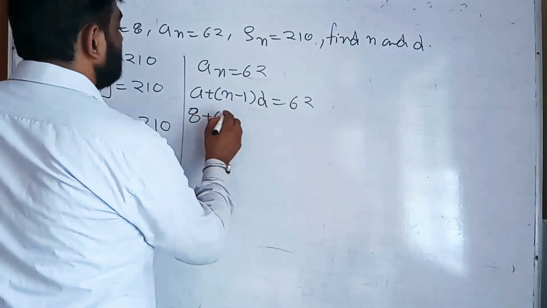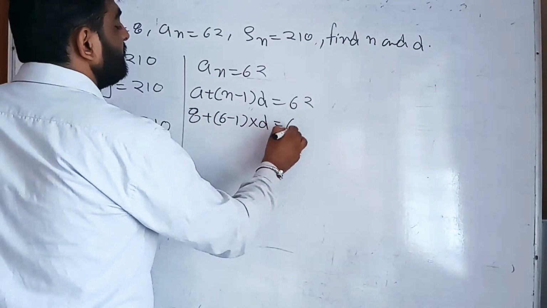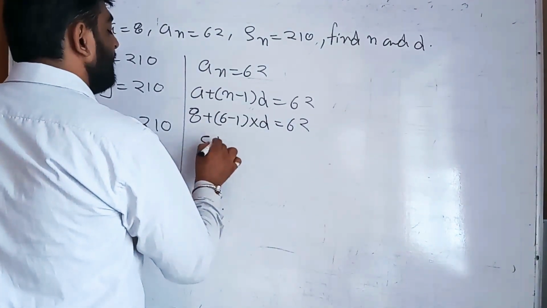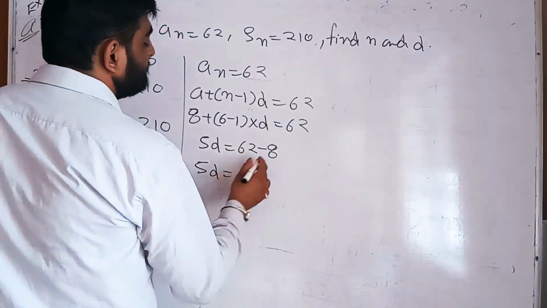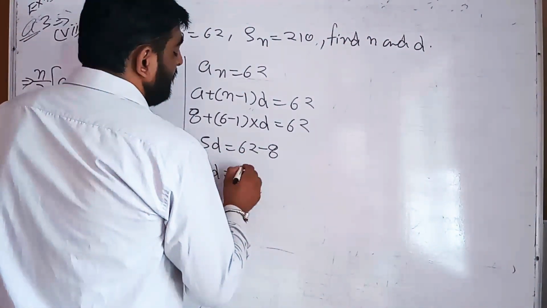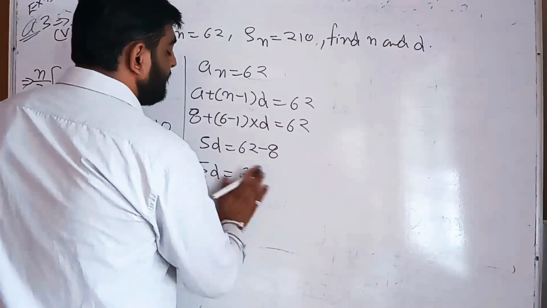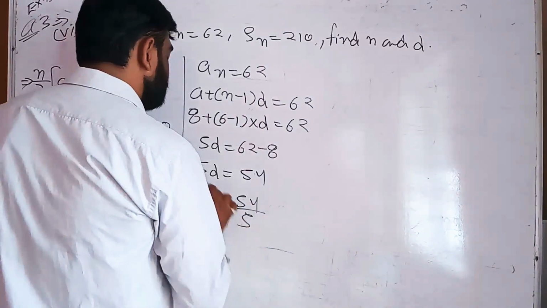With n = 6, we get 6 − 1 into d, so 5d = 62 − 8. If we subtract 8 from 62 we get 54. So d = 54/5 students.